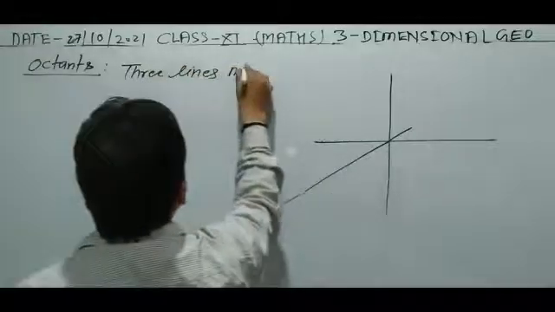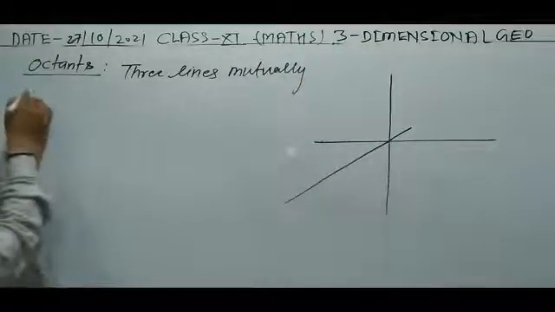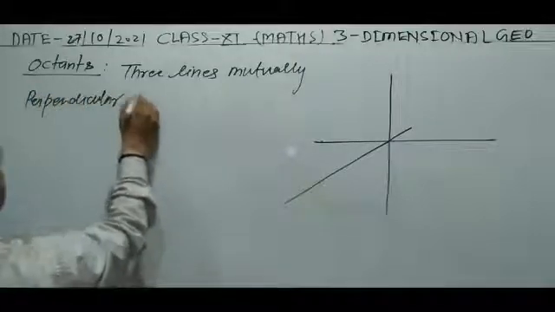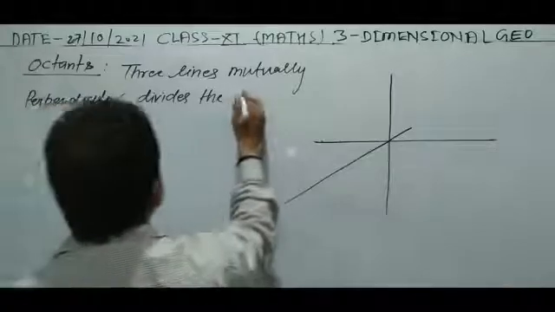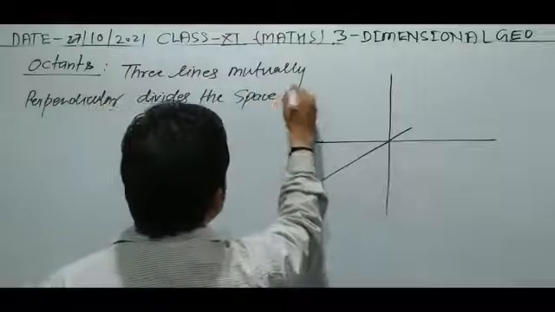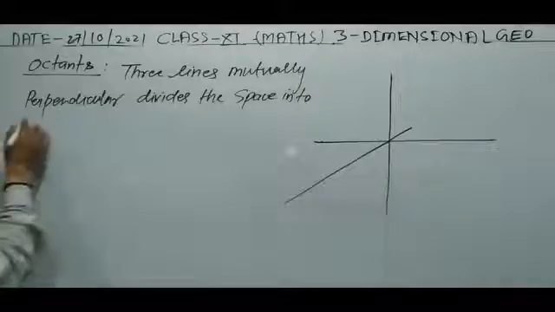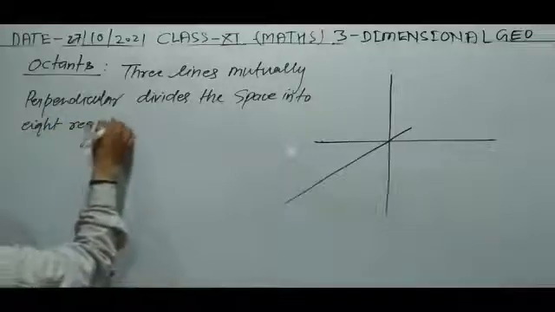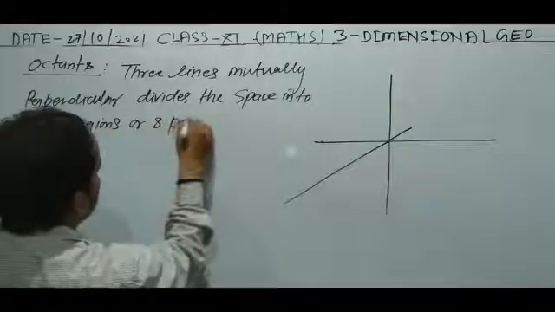Three lines mutually perpendicular divide the space into 8 regions or 8 parts.